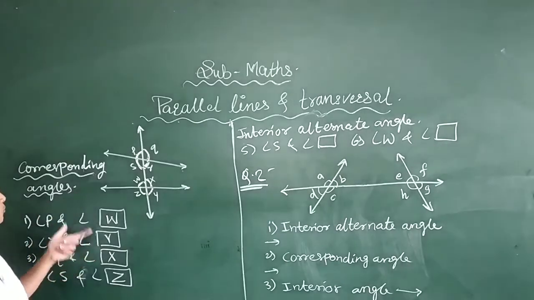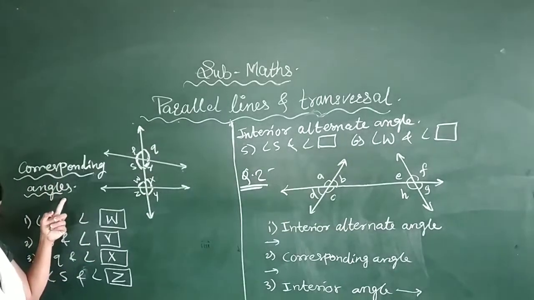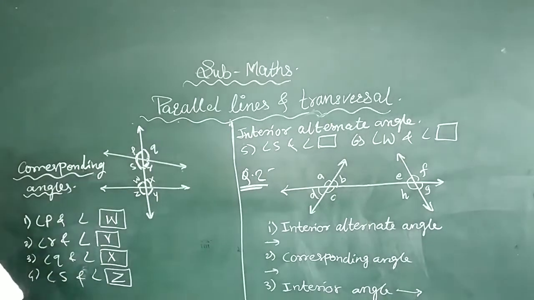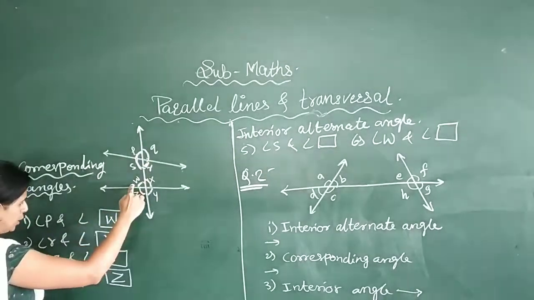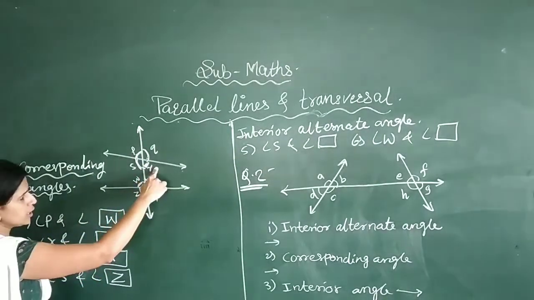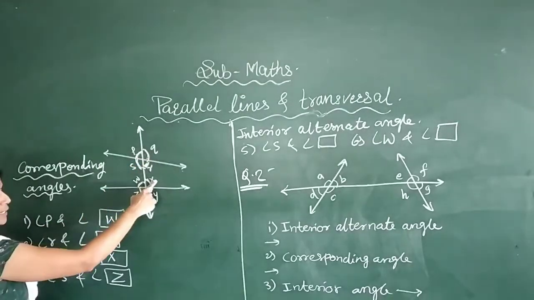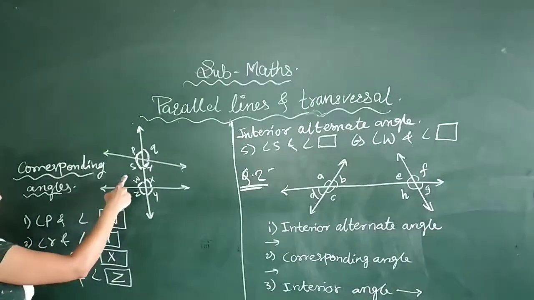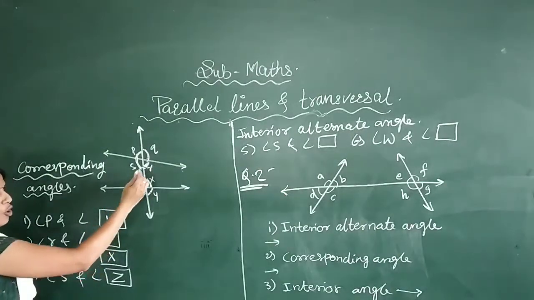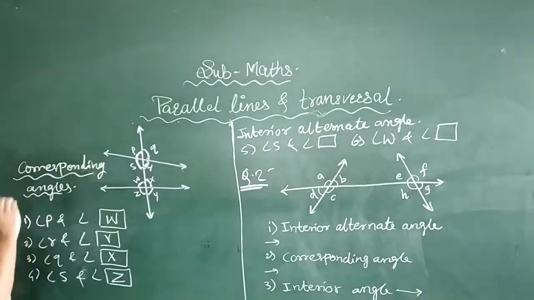Again I am telling you, corresponding angles means on the same side. P, W; R, Y; Q, X; and the last one, S, Z, on one plane.